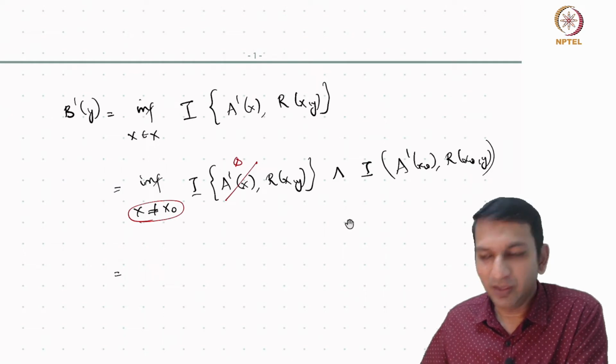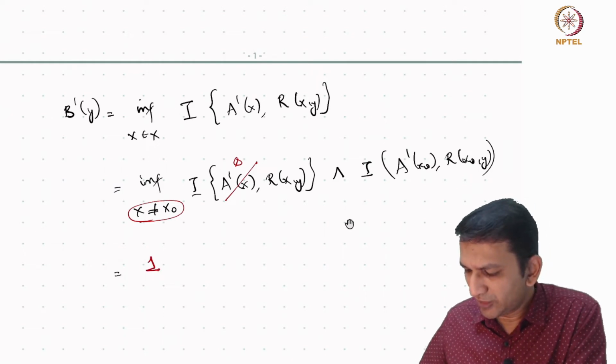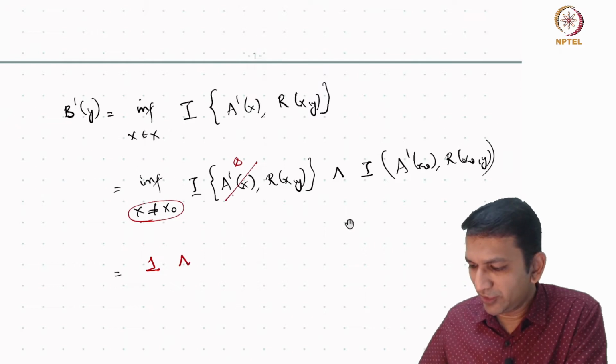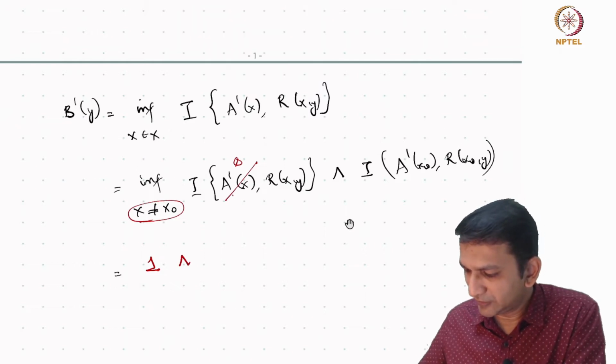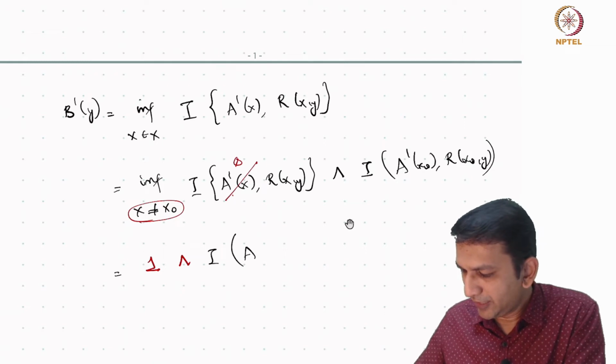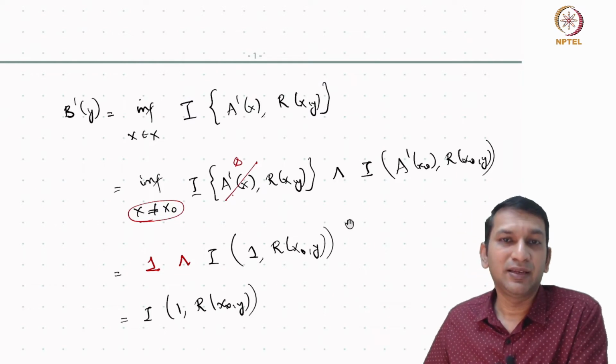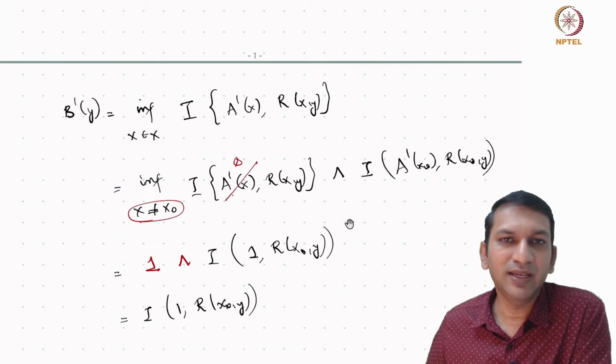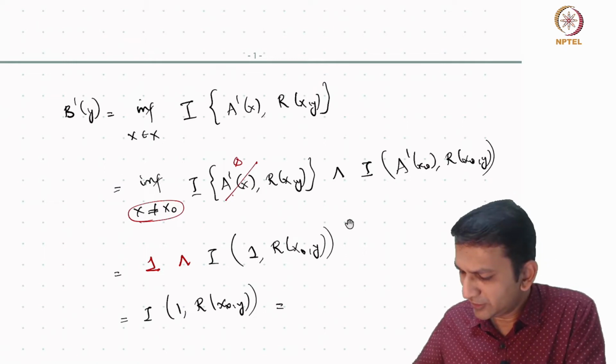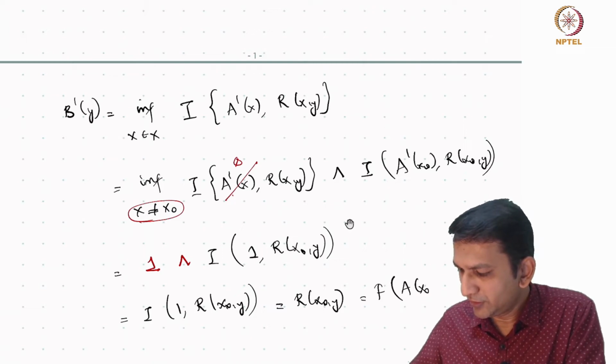I of 0, comma anything is 1, which means this entire thing becomes 1 for every x not equal to x0, and what we are left with is I of A dash of x0, which is essentially at this point 1, comma R of x0, comma y, which is essentially I of 1, comma R of x0, comma y. Now if I has the neutrality property, that means 1 is the left neutral element of I, then essentially this also becomes R of x0, comma y, which is f of A at x0, comma B of y.